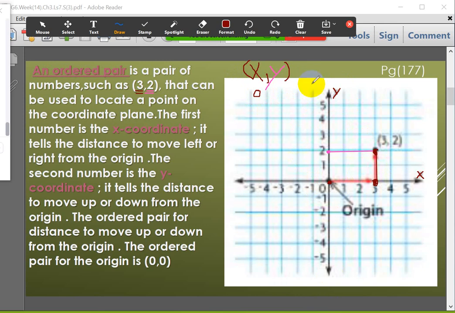Look, on the y-axis, the vertical number line, this point is also at 0. That means the y coordinate for this origin will also be 0. Okay? That's why the ordered pair for this origin is (0, 0).